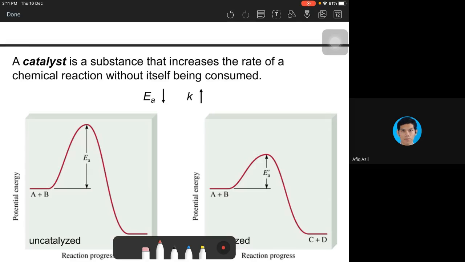Meaning that if you add 1 mole of that particular catalyst at the start of the reaction, by the time the reaction finishes, the catalyst will still remain 1 mole. Okay, it helps in the reaction in some way. The mechanism will be different, but it is not being consumed.